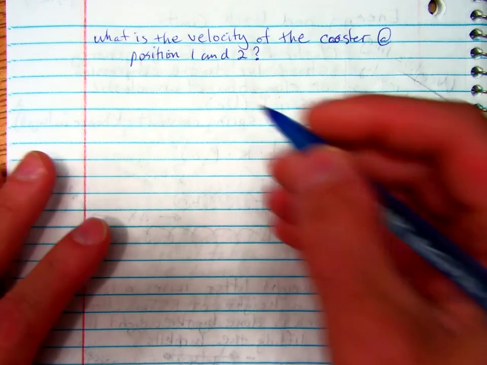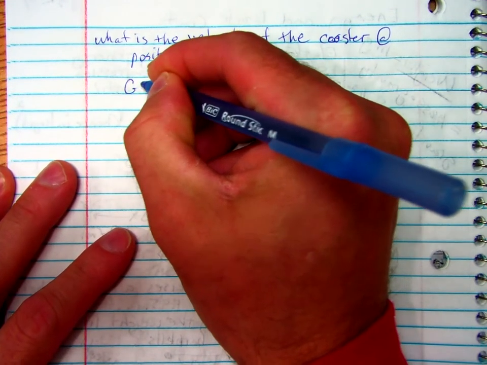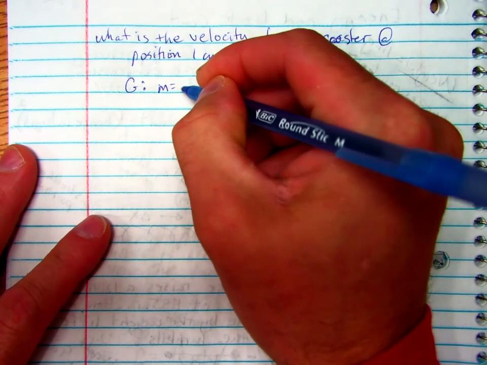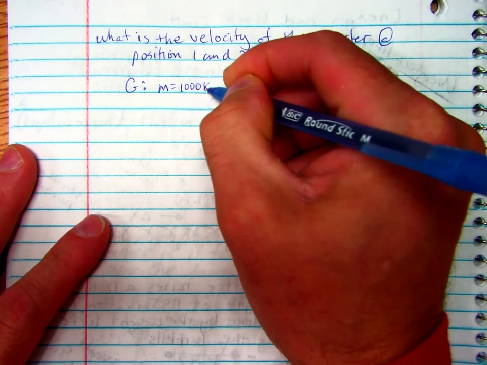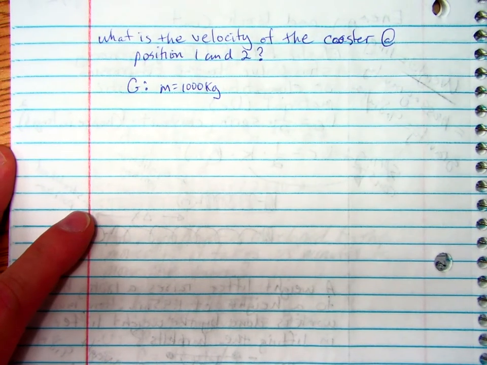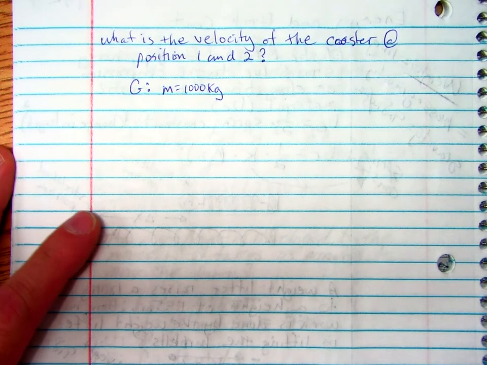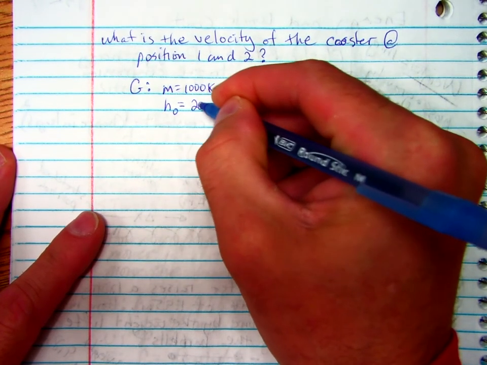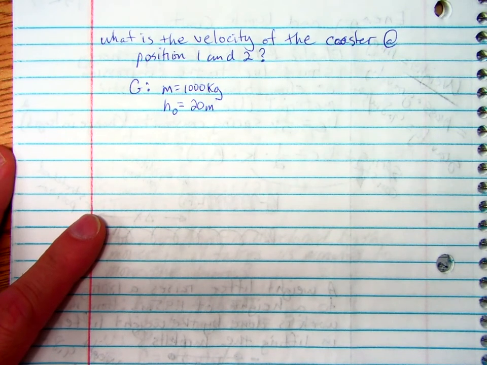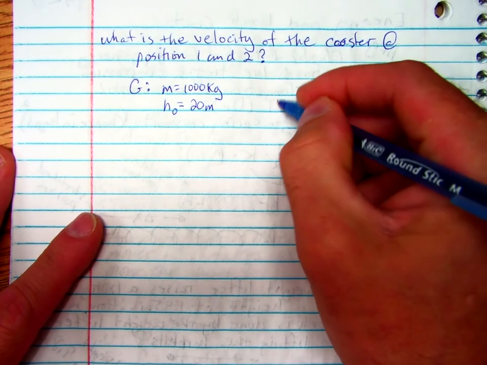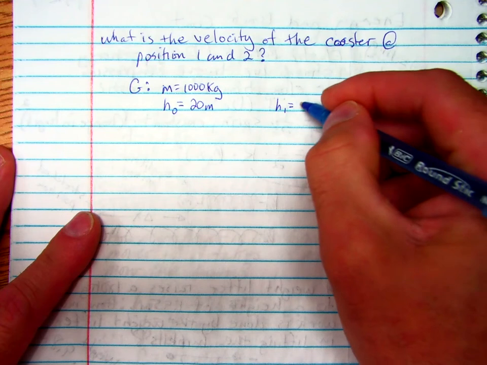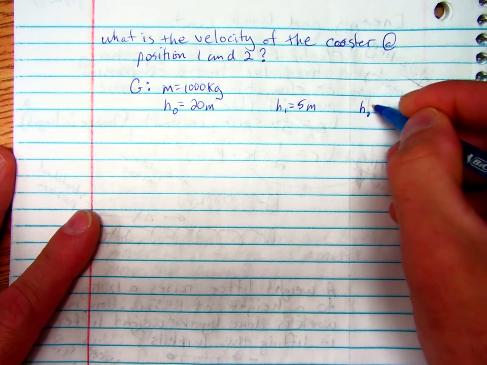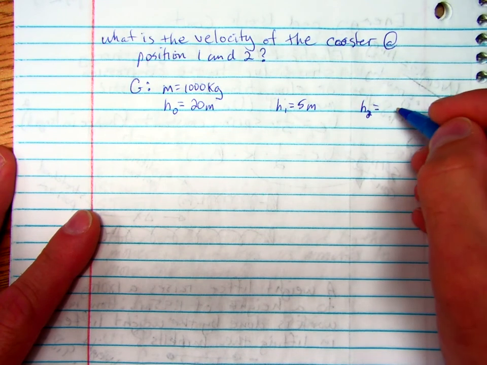So the first thing we're going to do, we've drawn a picture already. We're going to write down our givens. We were given that the mass is 1,000 kilograms, and the height at position 0 is 20 meters. The height at position 1 is 5 meters, and the height at position 2 is 10 meters.